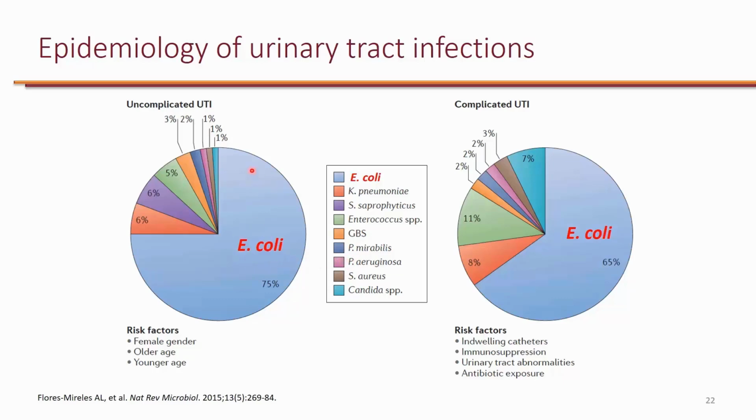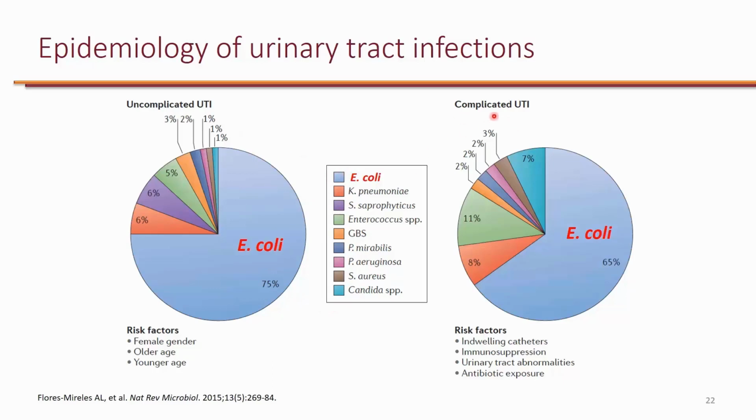Basically, if that 1% shows up, it's when your antibiotic is not working, and then we get cultures, and then you find Pseudomonas. But you do not want to cover for Pseudomonas for every patient with UTI. You want to target the top 4.